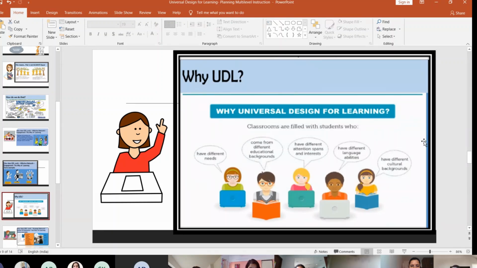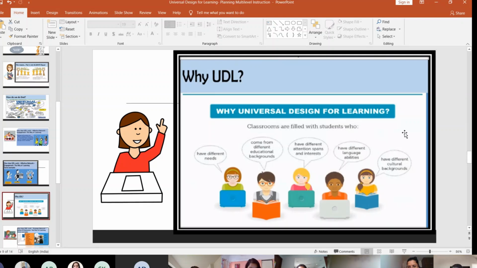They have different language abilities. Now we are here in Maharashtra. We see people come from many different states, so they face a language problem. So here we need to cater to the need of the child. We have to understand what difficulty a child is facing with respect to language ability.